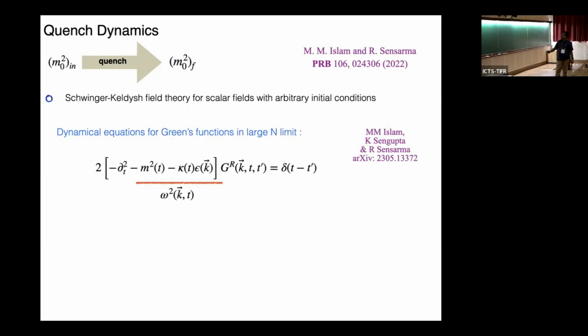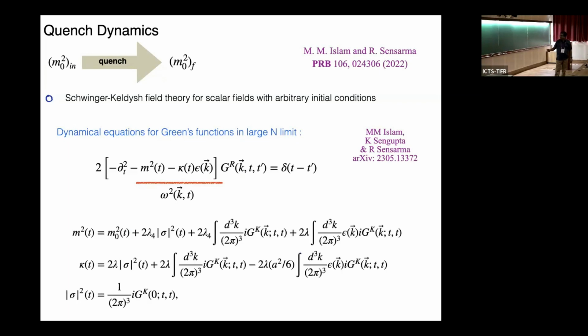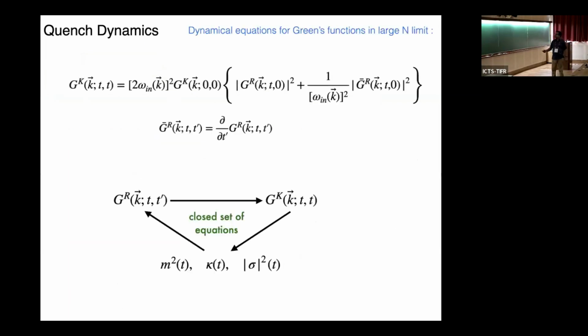And what we ended up getting is an equation for the Green's function in terms of something which we can call the omega square k comma t. If you just froze it at that snapshot and constructed some Bogoliubov quasiparticles, this would be the dispersion of those Bogoliubov quasiparticles, for example. You can write down equations, not so important.